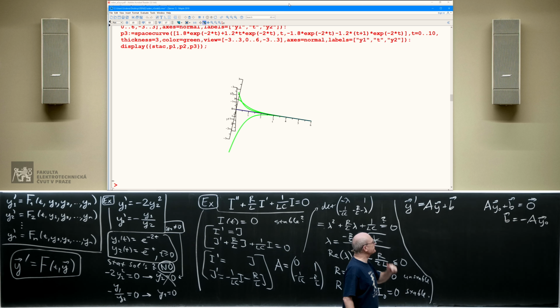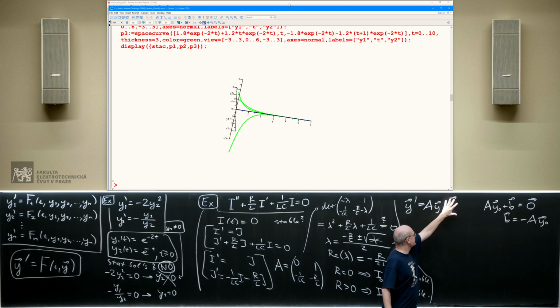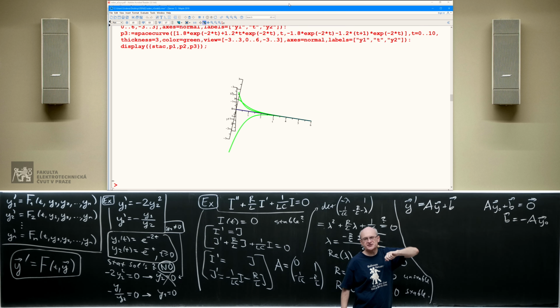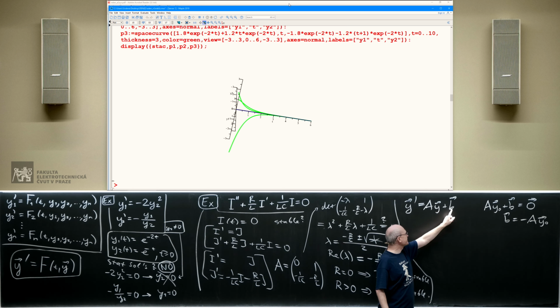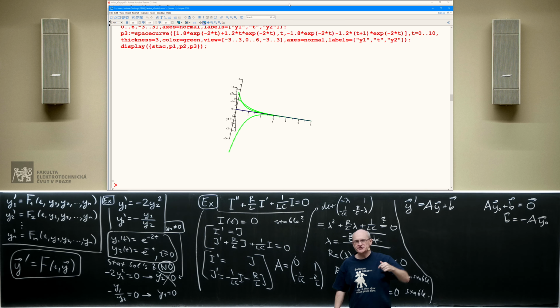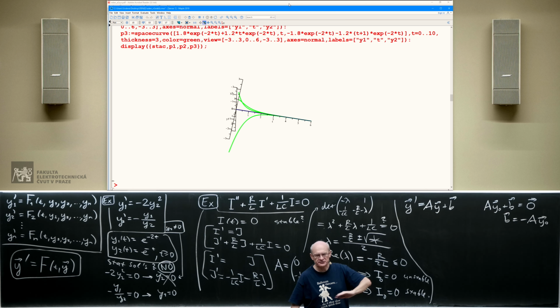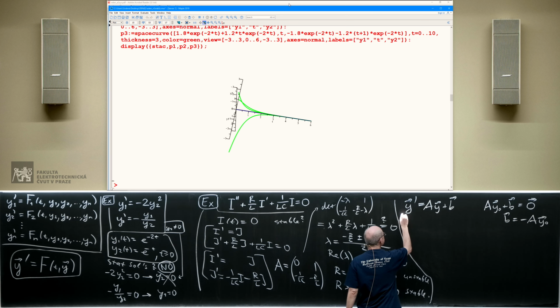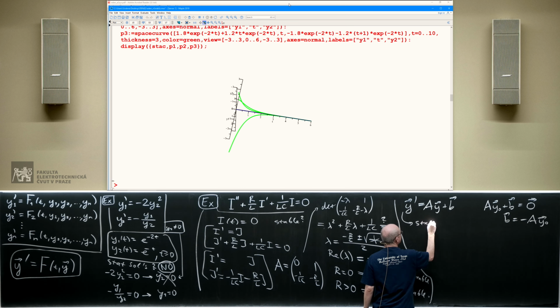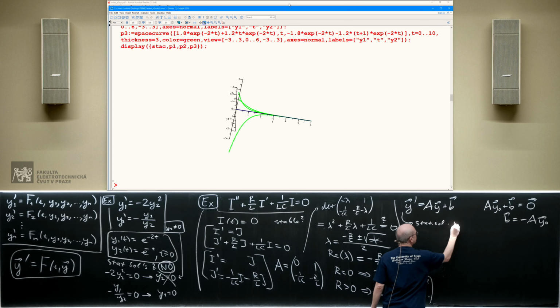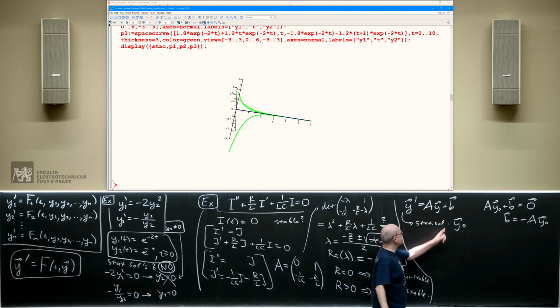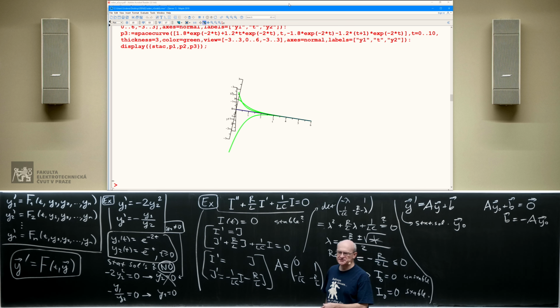In other words, when you see a non-homogeneous linear system where the matrix is constant and the b, the right-hand sides, are not constant, then there is no stationary solution. Right away, you know it. So if you want a stationary solution, you want b to be a vector of numbers.